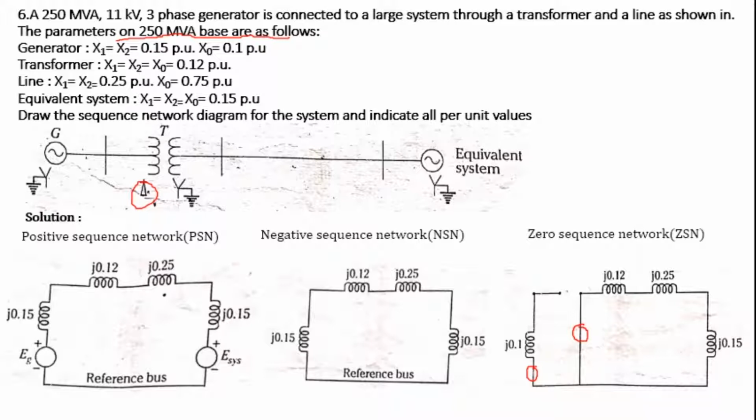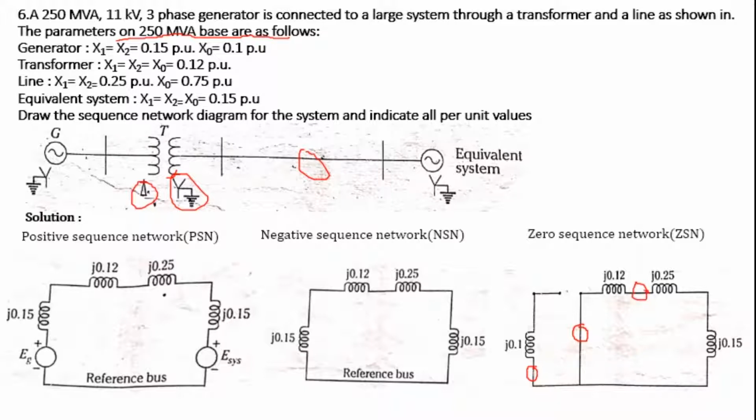We are assuming that there is a series and a shunt switch. Coming to the secondary side of the transformer, it is star and grounded, so the switch is going to get closed across the secondary side. Then the transmission line: this series switch is going to close.